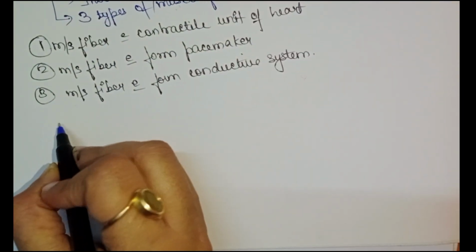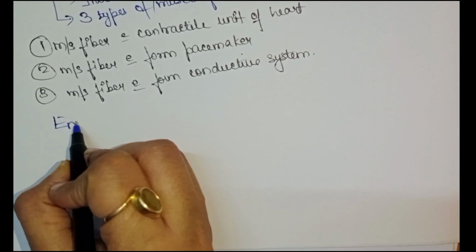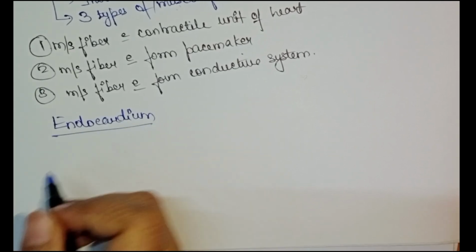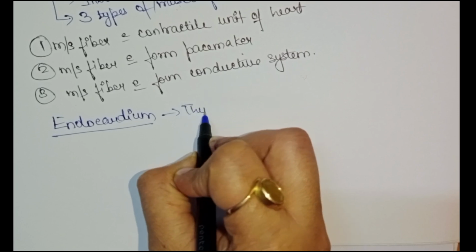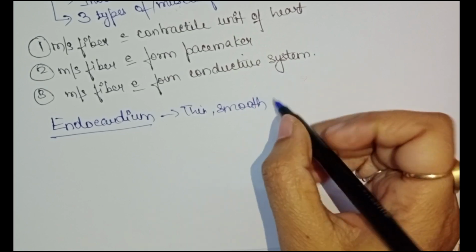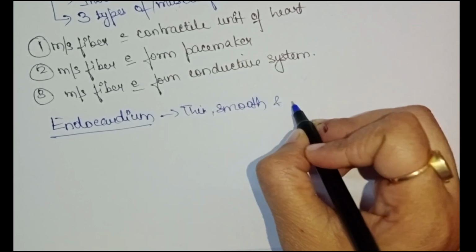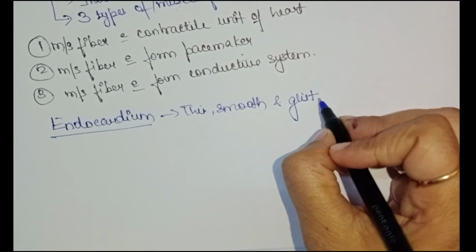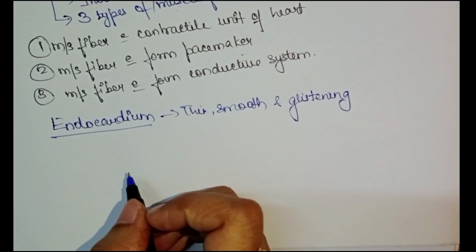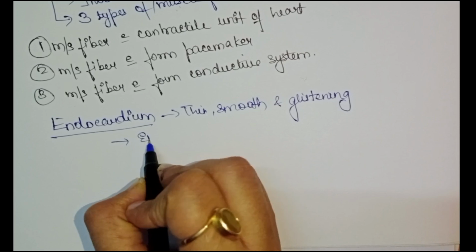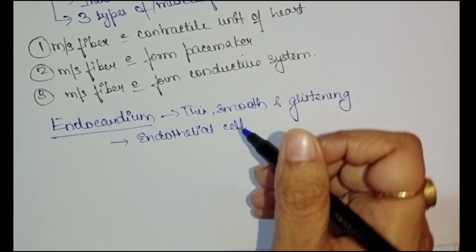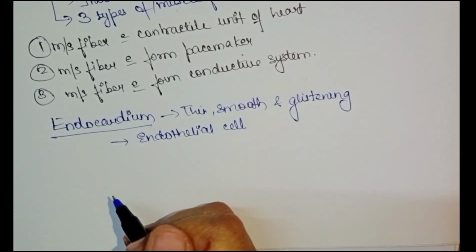Next is the endocardium, the innermost layer of the heart. Endocardium is the innermost layer of the heart, and it is a thin, smooth and glistening membrane formed of a single layer of endothelial cells lining the inner surface of the heart.